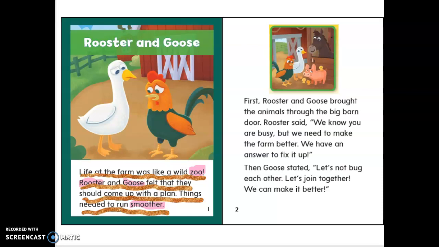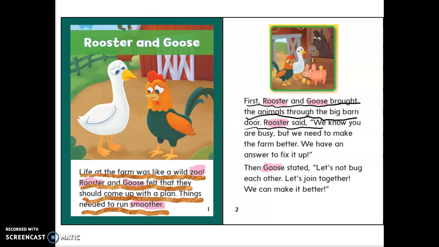Okay, next page, let's find our ooh sound. We once again have rooster and goose. All right, let's read it together. Ready? Read. First, rooster and goose brought the animals through the big barn door.